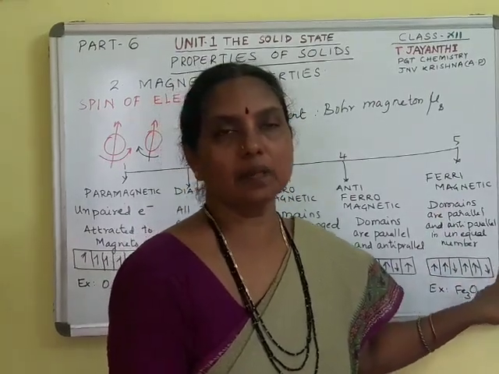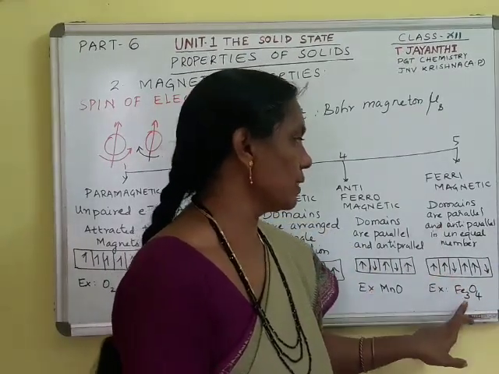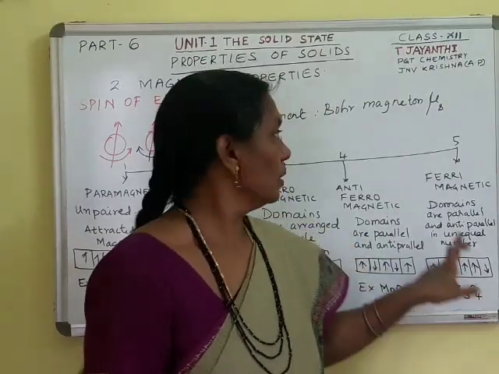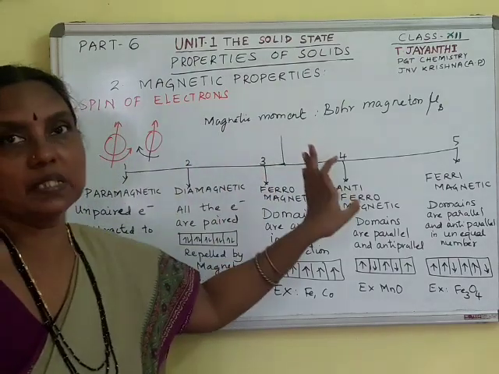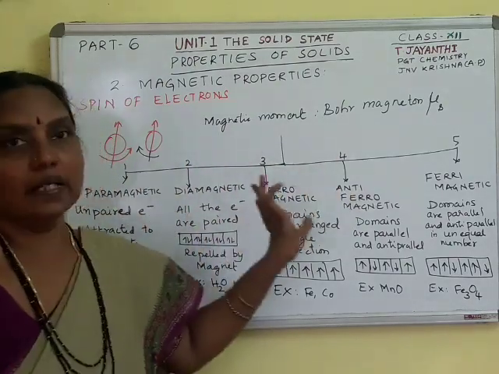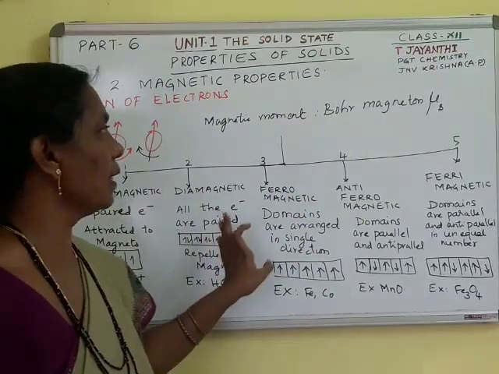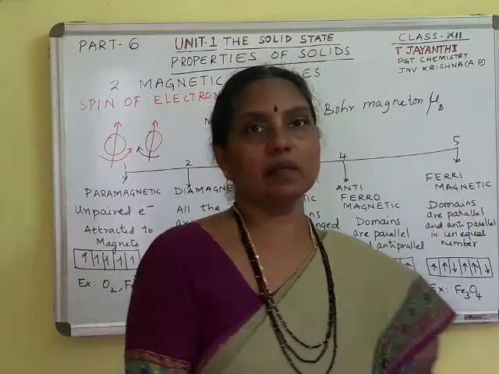It is attracted by the magnet. The example for ferrimagnetic substance is iron oxide, Fe3O4. So there are 5 types of magnetic substances based on the attraction or repulsion towards the magnetic field: paramagnetic, diamagnetic, ferromagnetic, antiferromagnetic and ferrimagnetic.